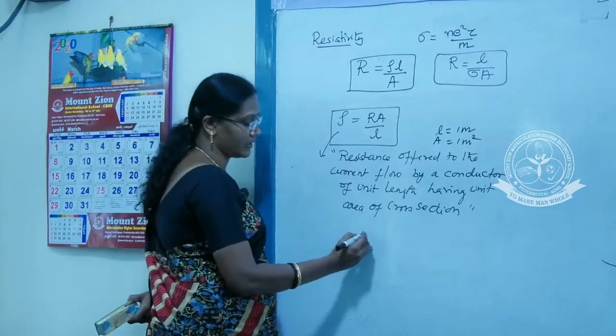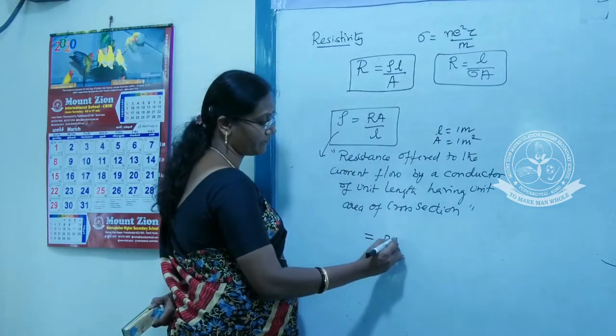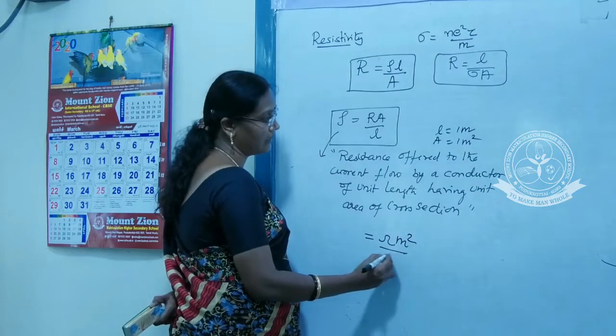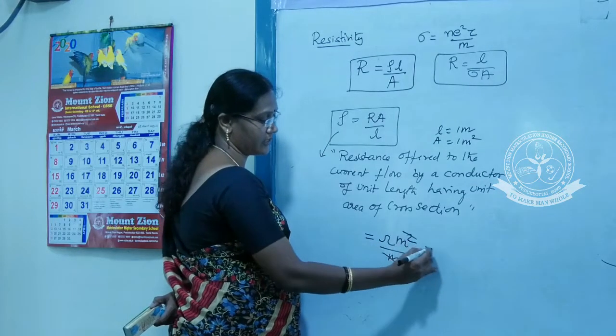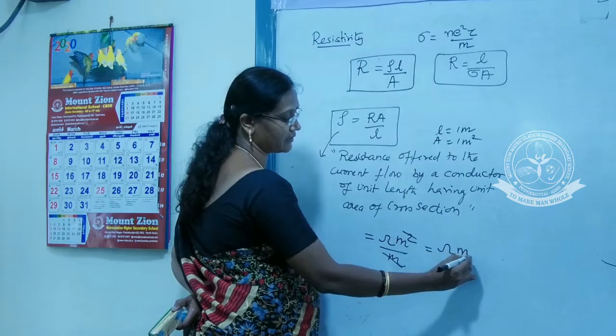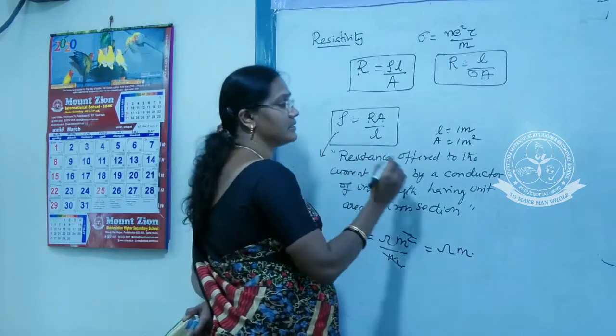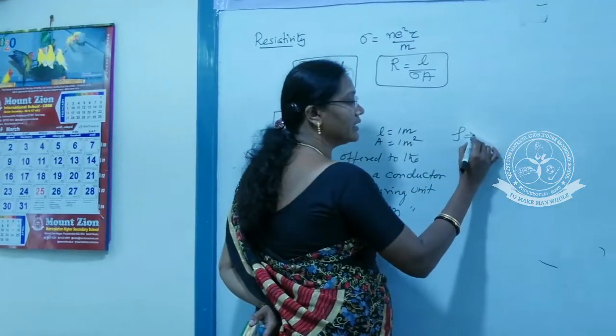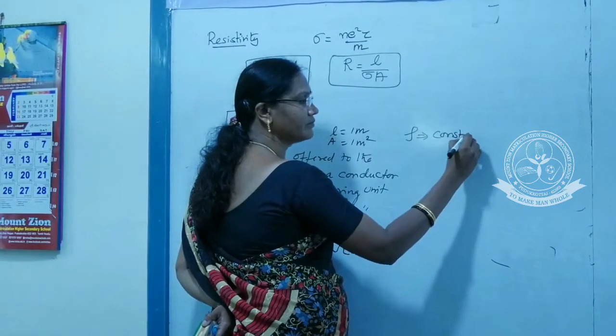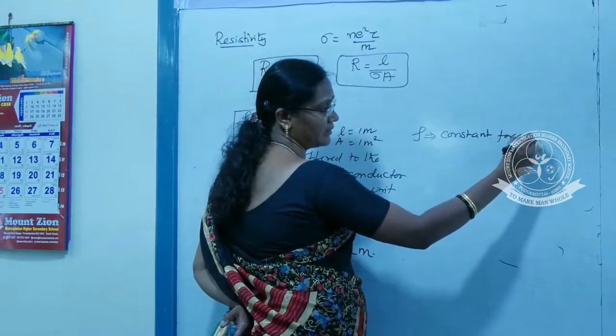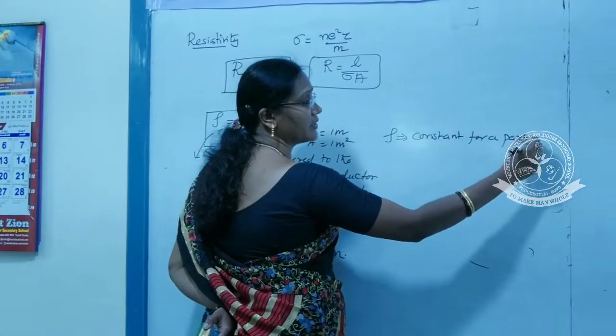And what is its unit? We know resistance is ohm, area is meter square, and length is meter, so its unit is ohm meter. Actually, this resistivity is constant for a particular material at a particular temperature.